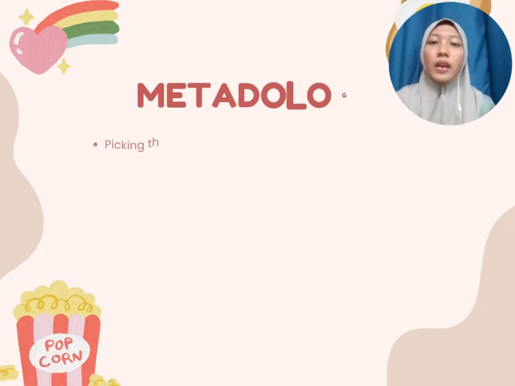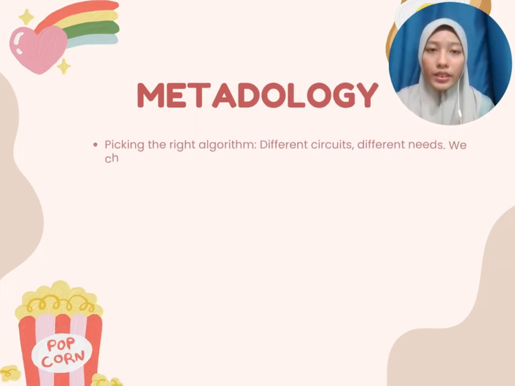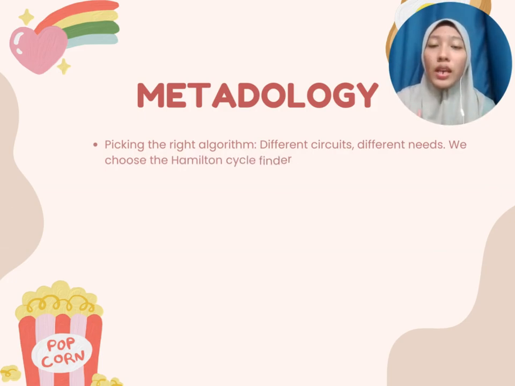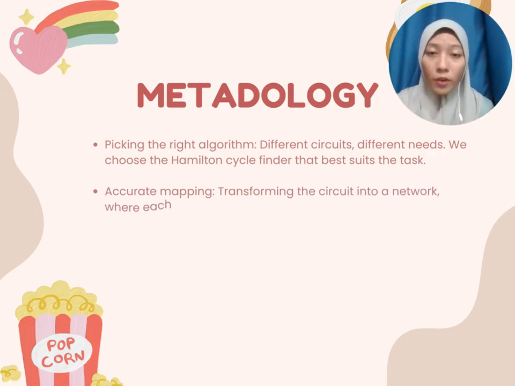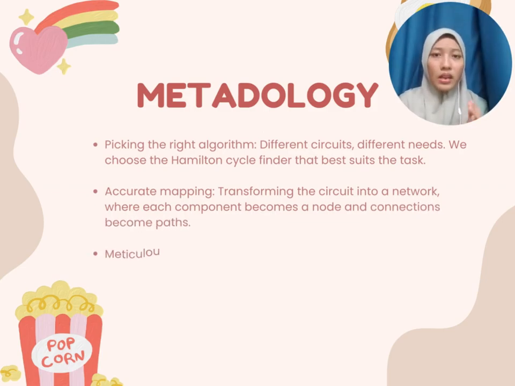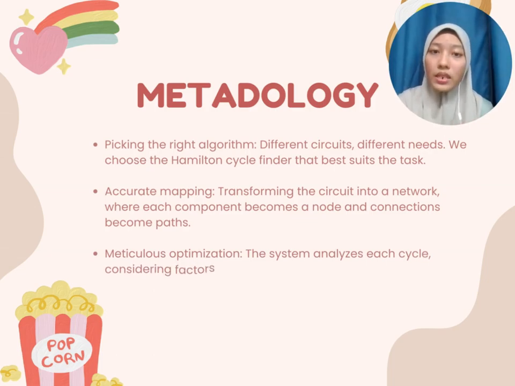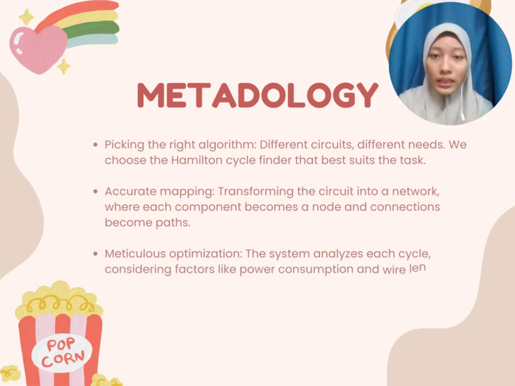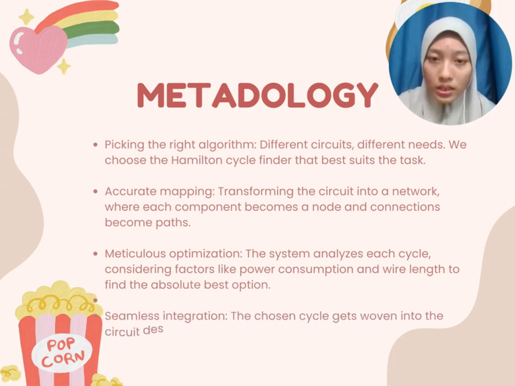The fourth is picking the right algorithm. Different circuits, different needs. We choose the Hamilton cycle finder that best suits the task for our project. And the fifth is accurate mapping. Accurate mapping transforms the circuit into a network where each component becomes a node and connections become paths. And the sixth is meticulous optimization.